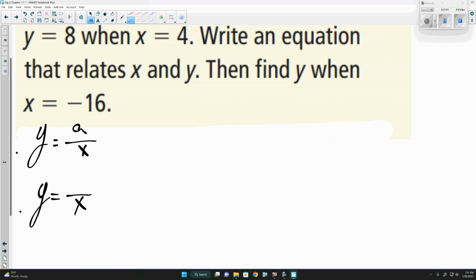Now for us here, we can set it up because y is 8 when x is 4. And just like the last one, we can multiply both sides by 4. We don't have to write it out this time. We know that the 4 and 4 will simplify to 1, leaving us a by itself. And 4 times 8 is 32.